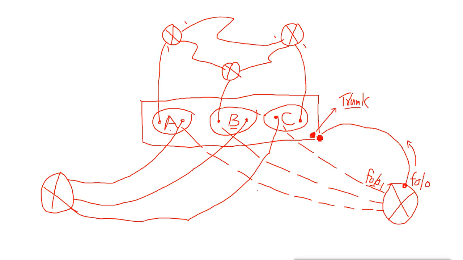We don't have to use multiple interfaces, one for each VLAN. If you have 20 VLANs, then you would have to use 20 interfaces. We don't have to do that. We can use only one link. So we can do this, and we can configure this also.